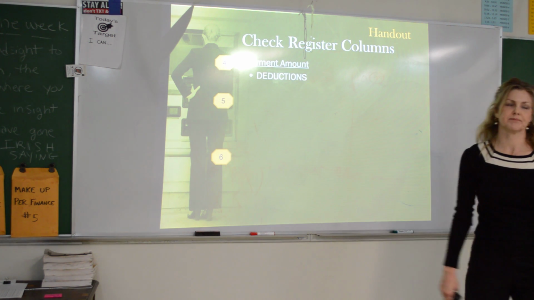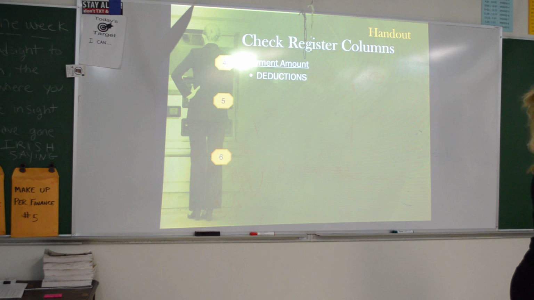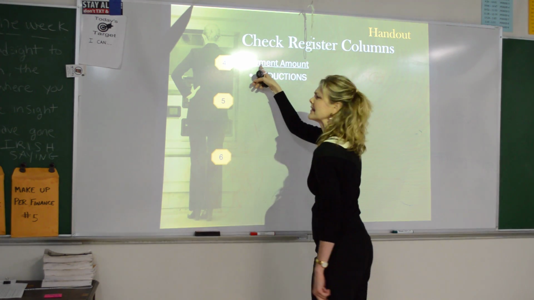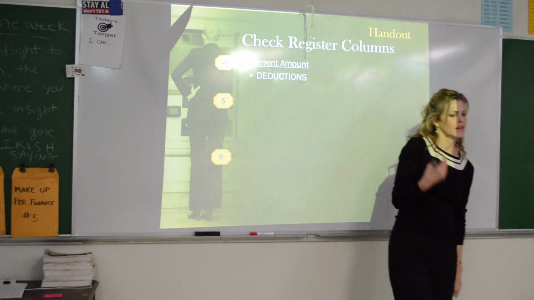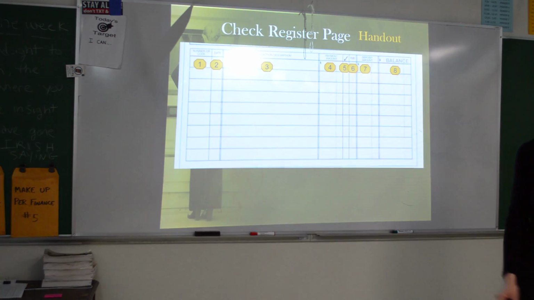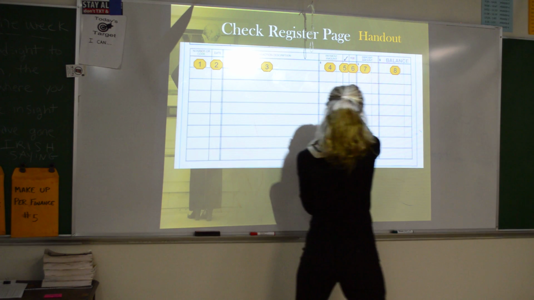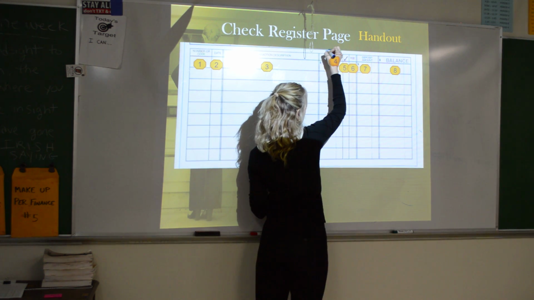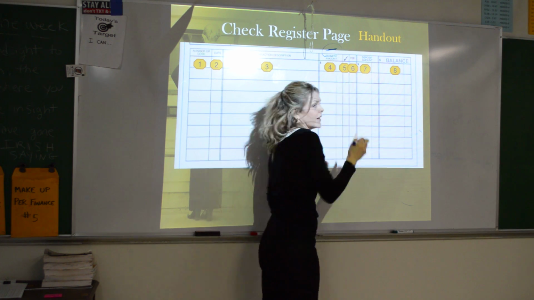Column number 4 is the deduction column. Now, strangely, students really struggle with this. They see the word payment and they think that that's money they're getting. So sometimes they get confused. So what I want you to do is go back to this top page and right above column 4 where it says payments, I'd like you to put a minus sign, okay?